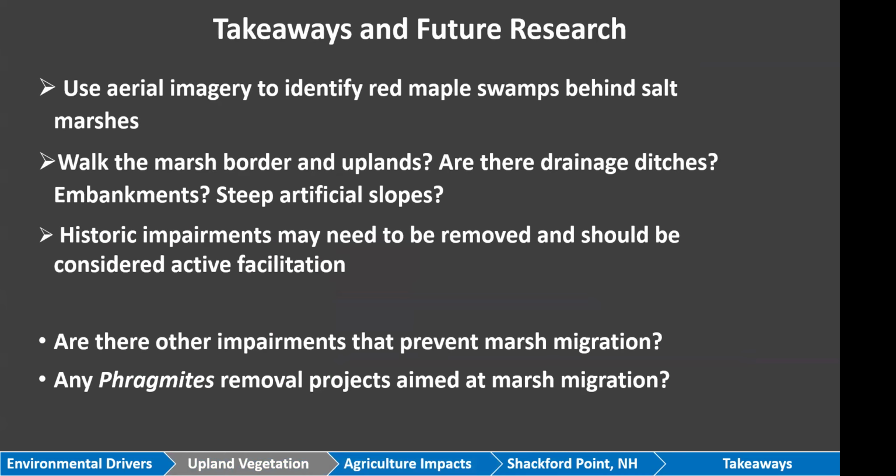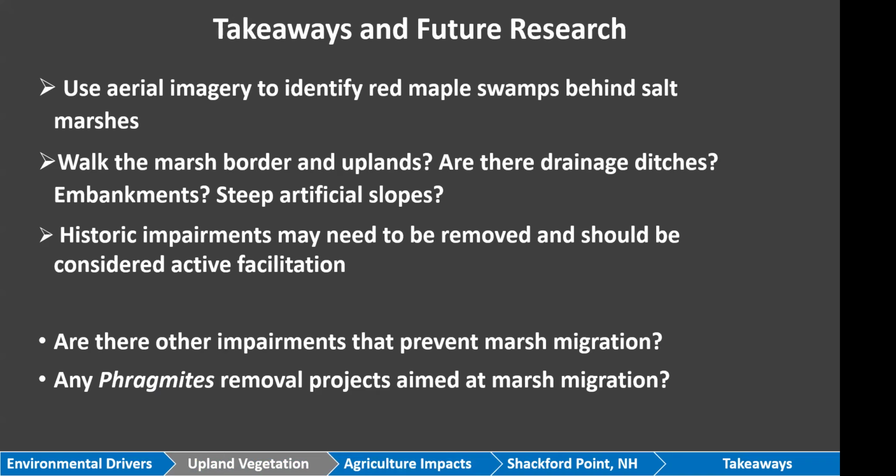So I wanted to hit on a few things. You can use aerial imagery to possibly identify these red maple swamps immediately behind salt marshes. That's the best way we find them. They really do stick out like a sore thumb if you have fall aerial imagery, which a lot of times Google Earth does. Get out to your sites. A lot of times finding these ditches or embankments or steep artificial slopes, we did not find some at some of our sites until we actually walked the site and almost fell into some of these ditches.